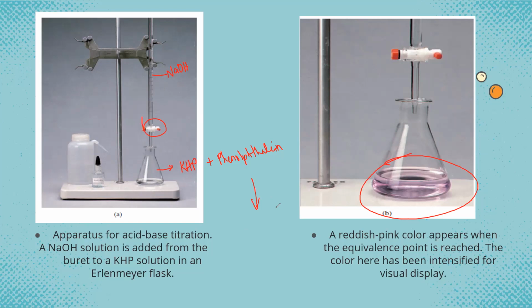And tinatawag nating equivalence point yung theoretically approximation natin na na-neutralize na lahat ng potassium hydrogen phthalate in the solution. Pero hindi kasi natin siya makita. Kaya nag-a-add tayo nitong phenolphthalein.